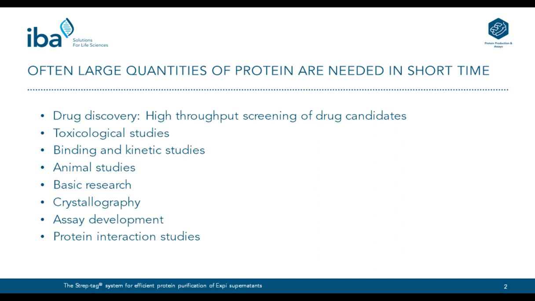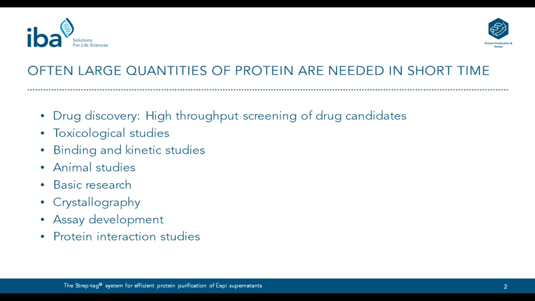Another application example where milligrams of protein are sufficient are toxicological studies or binding and kinetic studies. And furthermore, for first animal studies, usually a few milligrams of protein are sufficient. In basic research, you're often dealing with many different projects, but again, there you often need only protein in a milligram range, but you need it very quickly because you don't want to waste much time in the production of your protein.